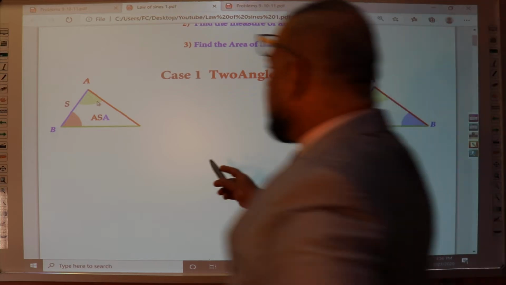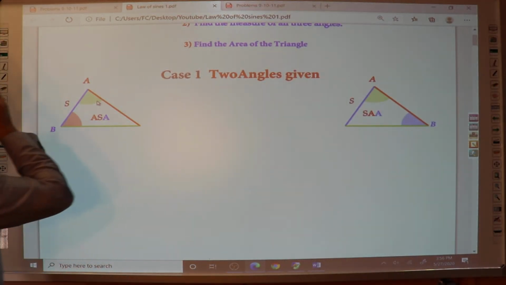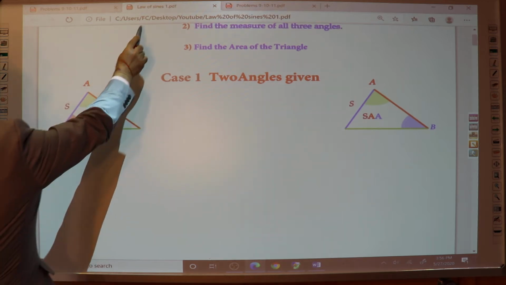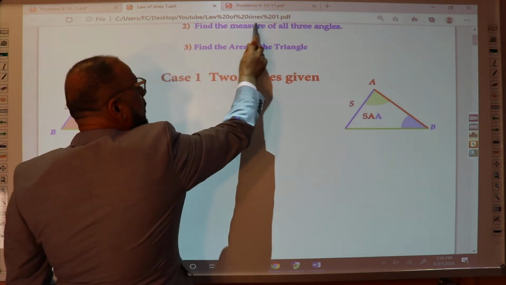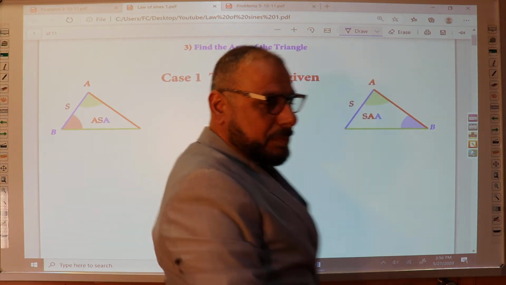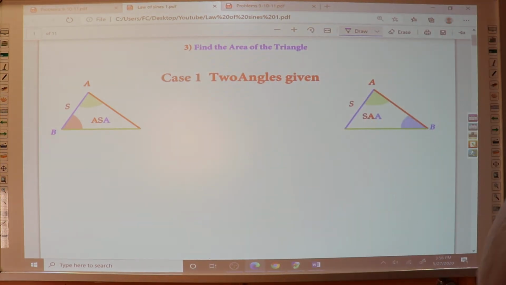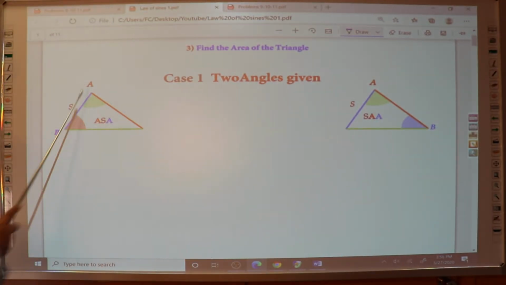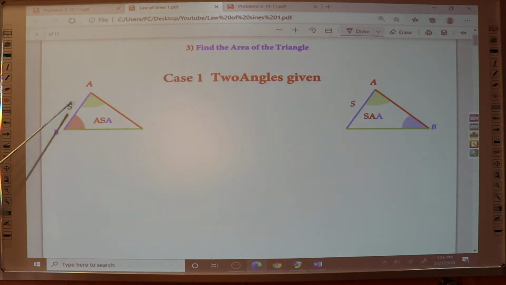Now, that's what we discussed: these two angles and the side in the middle. Okay, let me use my book. Angle, side, and the side in the middle.